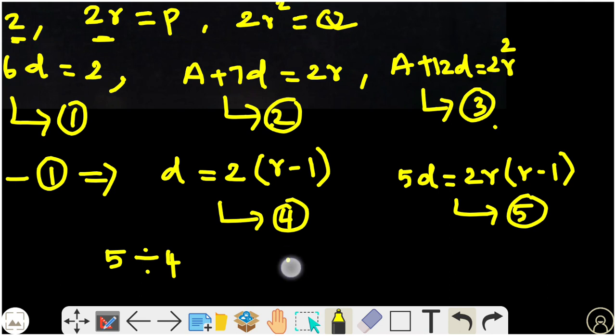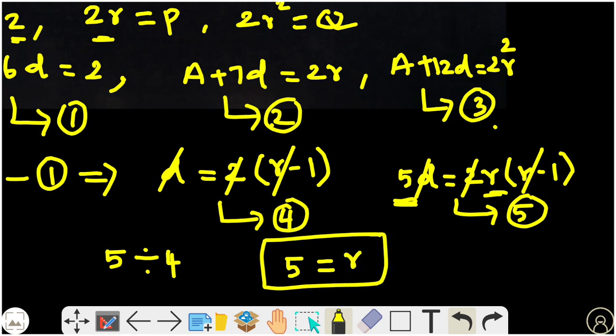We will get 5 is equal to, so if we divide now, r minus 1 cancels, 2 cancels, and in the LHS d cancels. So in the LHS we have only 5 remaining, and in the RHS we have only r remaining. The common ratio in GP, the word common ratio, stands for r. So r is equal to 5.